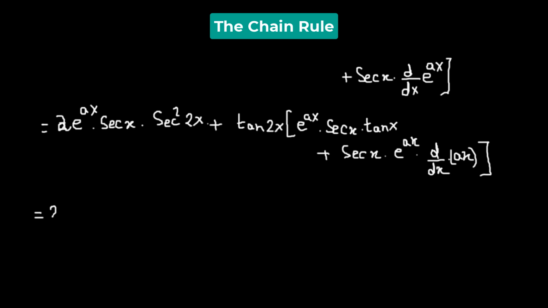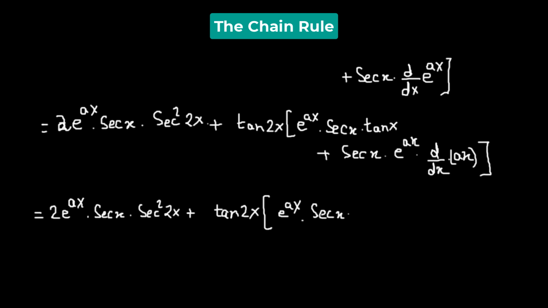So finally we get 2e raised to the power of ax times secant x times secant squared 2x plus tangent of 2x, whole multiplied to e raised to the power of ax times secant of x times tangent of x plus e raised to the power of ax times secant of x. And here we have the derivative of ax, a being a constant, we can pull it out, which leaves us with the derivative of x, so that's simply 1. So this is the final value of the derivative.